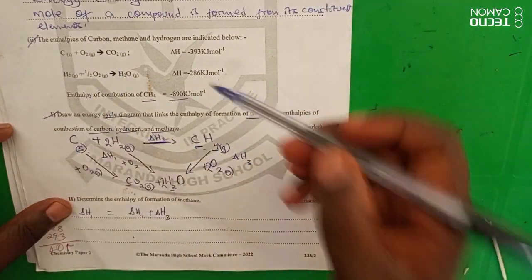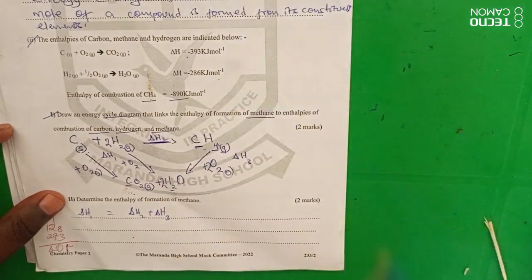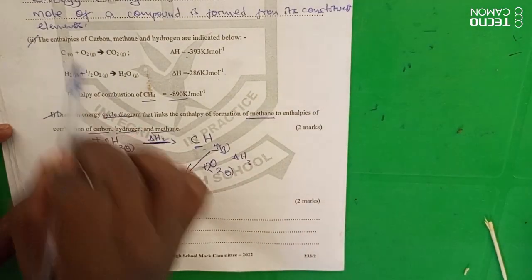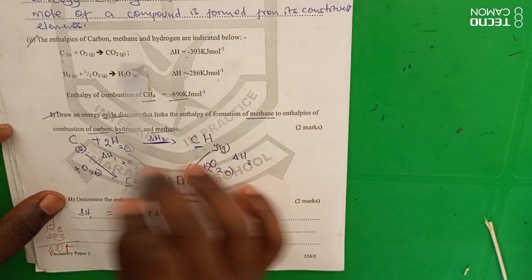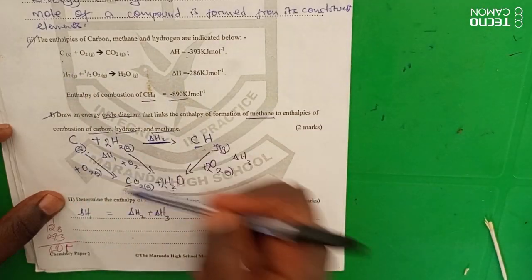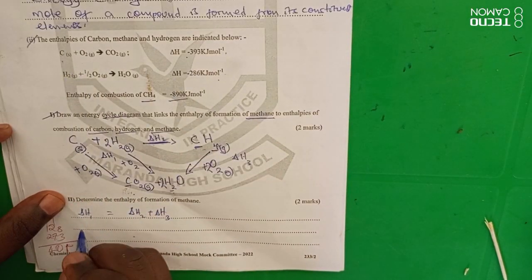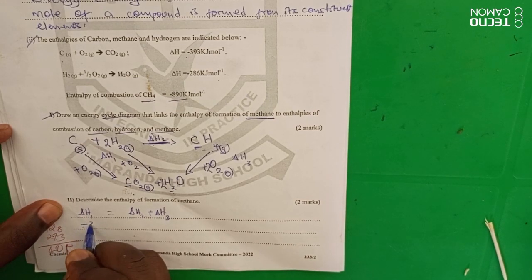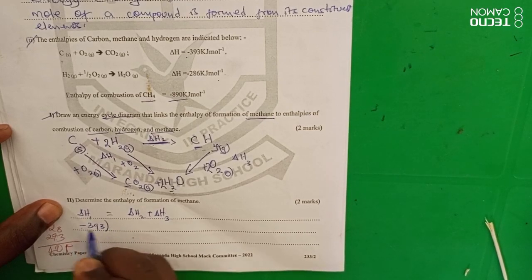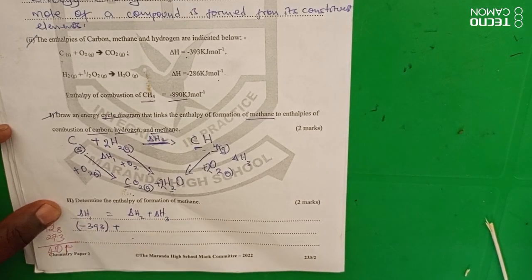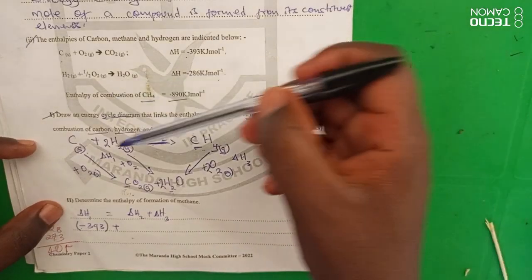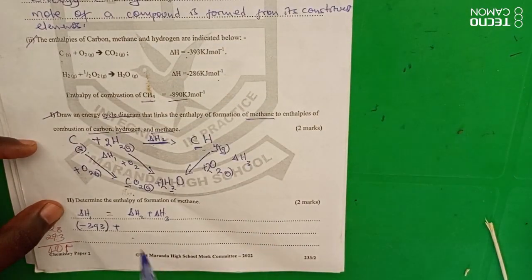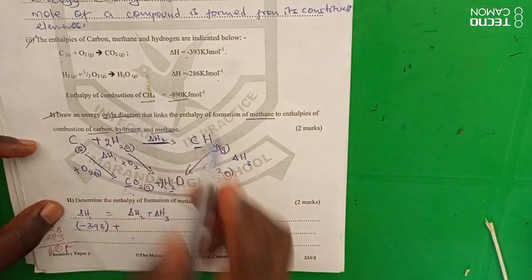We begin by calculating route 1. Here we say carbon burns in oxygen to produce carbon dioxide, and the enthalpy of combustion is negative 393, plus the hydrogen.